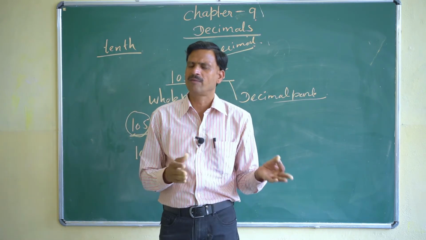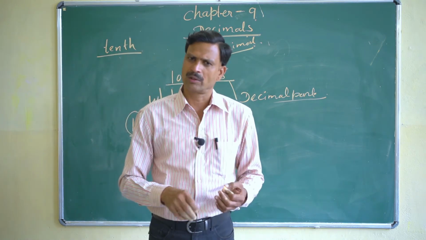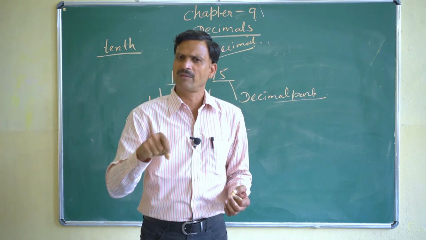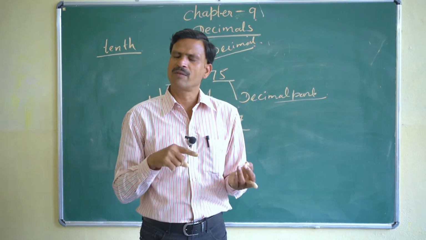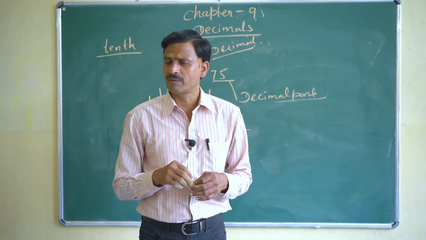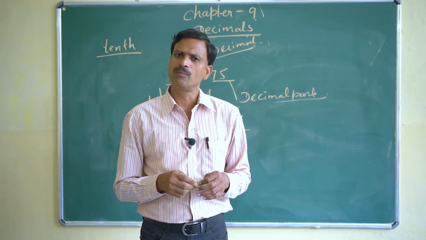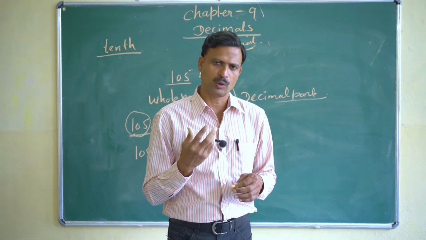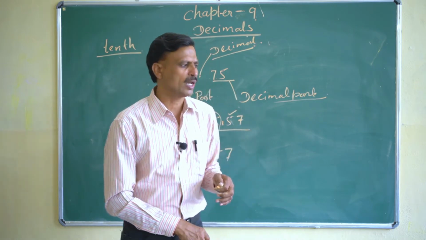But if the whole number part is equal, we compare after the decimal. The first place value after the decimal, whichever is greater, that number is greater. If the first place value is also the same, we see the second place value, then the third place value, and then we come to know which number is greater and which is smaller. Like this we can compare decimal numbers also, right?